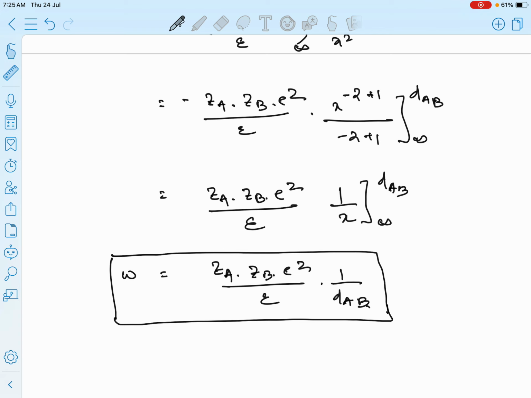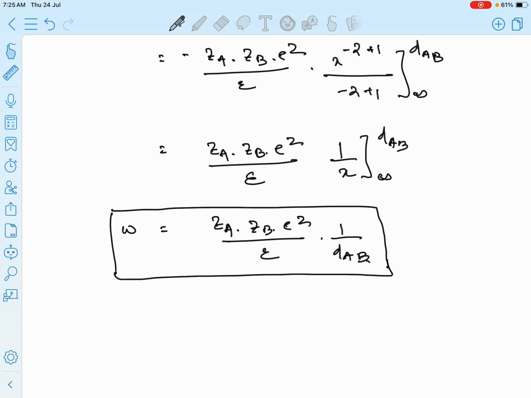and you already know this, the maximum amount of work a system can do is termed free energy. So this is nothing but the free energy of electrostatics.